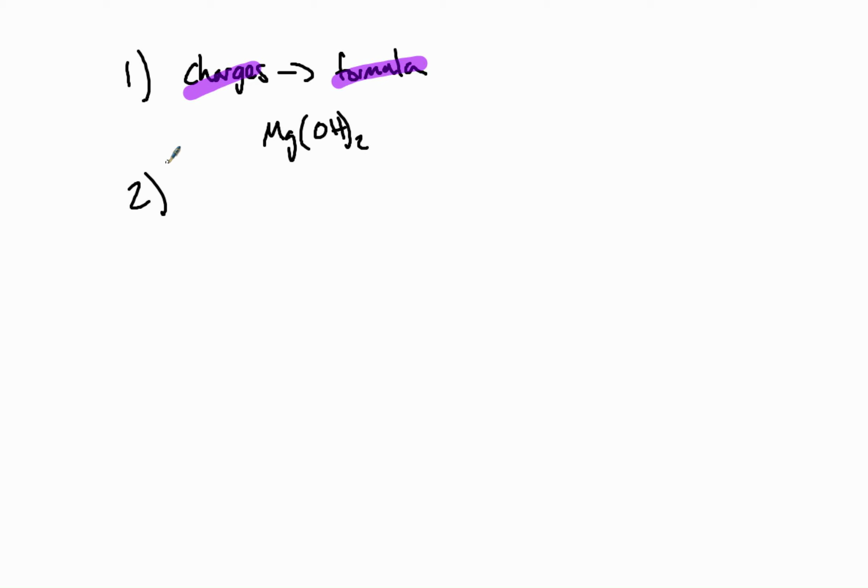Number 2 on the list, right? When you're asked to write out these equations, these reactions, sometimes it's not a compound. Sometimes it's an individual element, right? But you always need to look out for those elements that I told you are going to be diatomic.